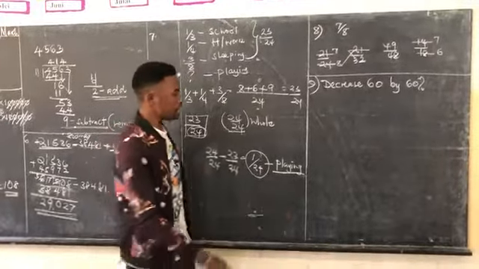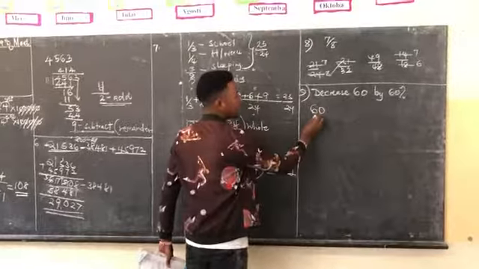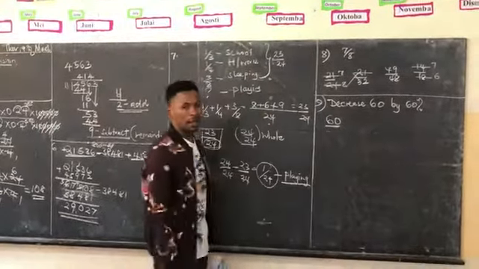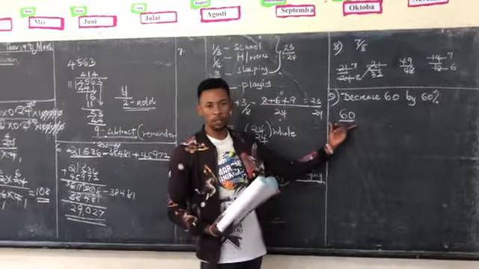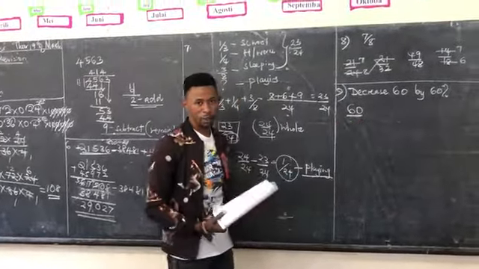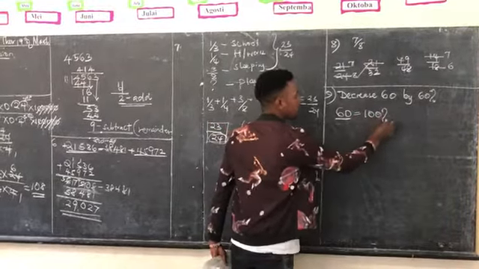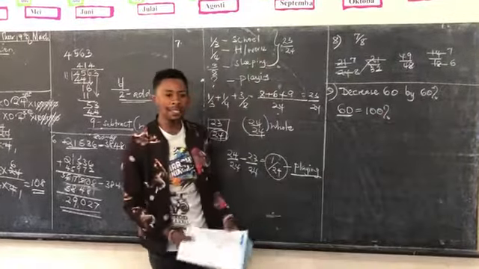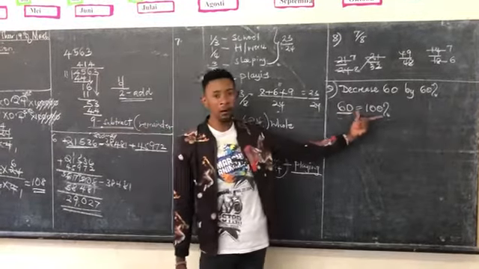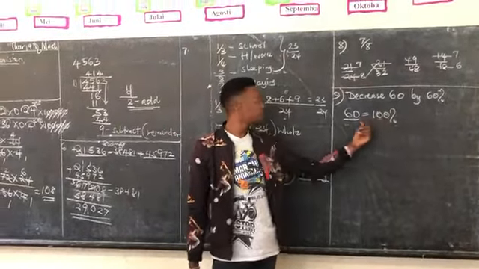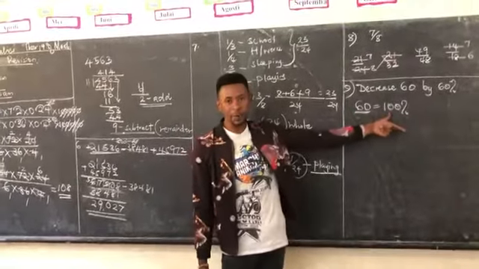What I always tell my learners is that this is the number we are decreasing. So right now, 60 is at its full quantity, and you always say that the full amount is 100%. So this 60 is 100%.